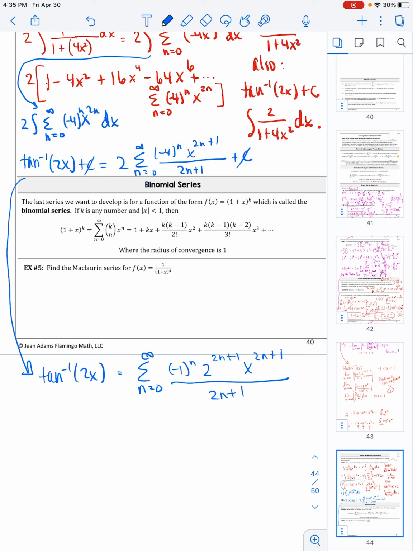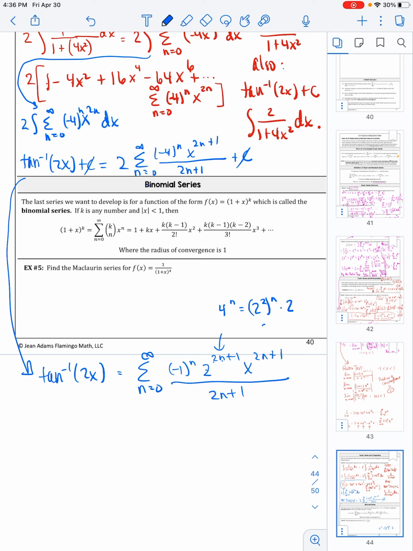So I had 2 times the summation from negative 4 to the n, x to the 2n plus 1 over 2n plus 1. And I wanted to put that 2 through. And I know I brought out my negative 4 to the n. Oh, there we are. There's your 2 squared to the n. That's 4 to the n.